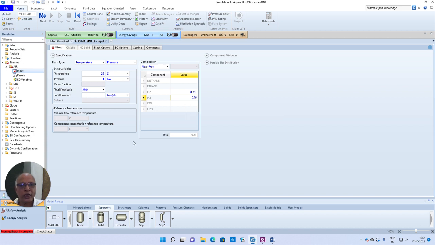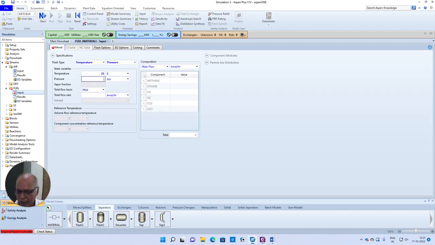But how much air we need to supply, we don't know. Anyway, we need to adjust this flow rate. So let me start with something like 3000 kilomoles per hour. This is a wild guess. Of course, you can calculate what is the theoretical requirement depending on the amount of fuel and utilize this. So having defined air, let us go to the next input step. This is with respect to fuel.